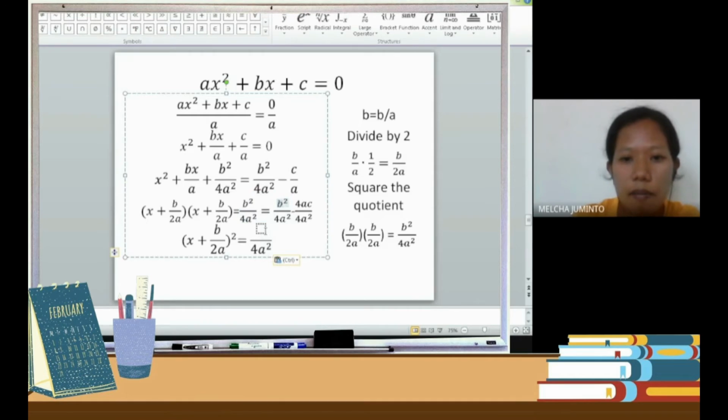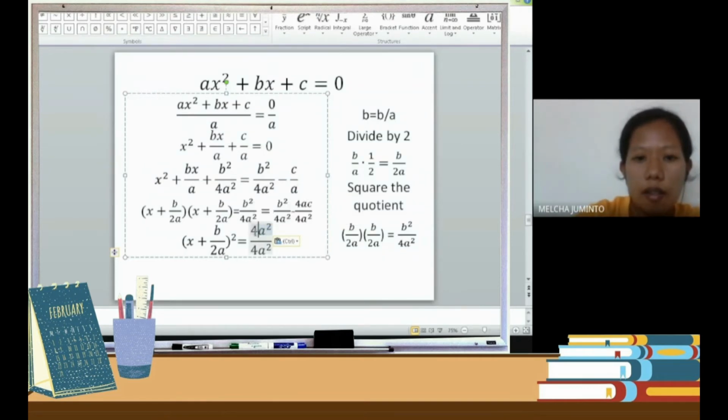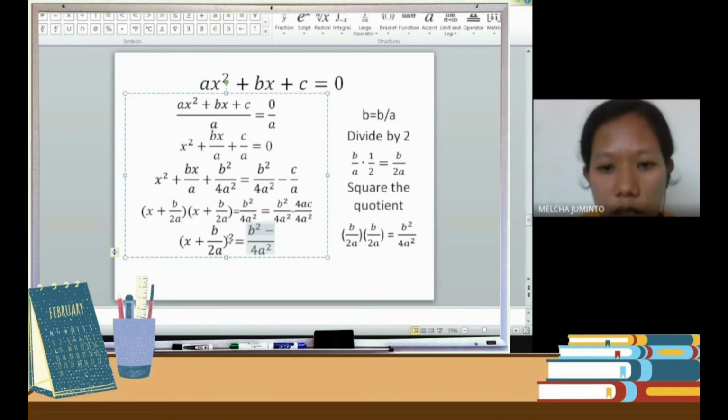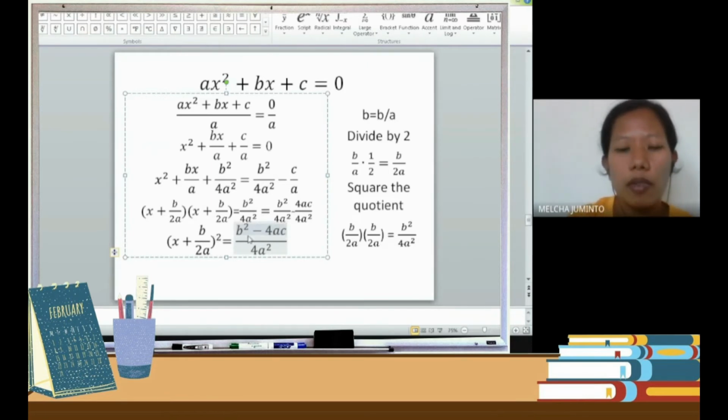Sorry, mali na copy. Replace ko to. Instead na 4a, just copy b squared. And then also copy minus 4ac. So they can be expressed as a single fraction because both of them contain the denominator 4a squared.